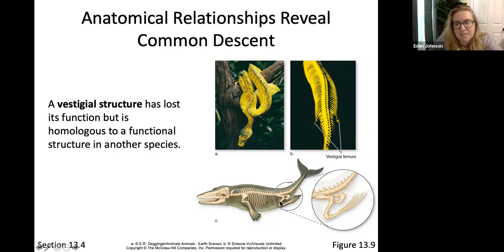Why does this, we're just going to call it a whale, why does it need this whole sort of structure? It actually doesn't. It doesn't use it. So it's a vestigial structure, but it's homologous to something in a related species.